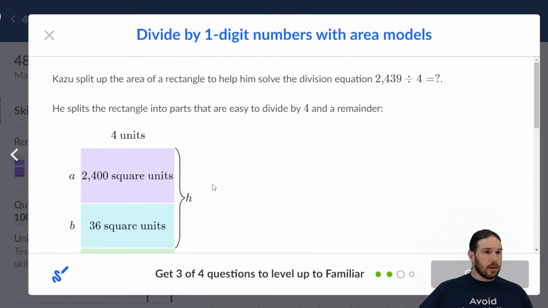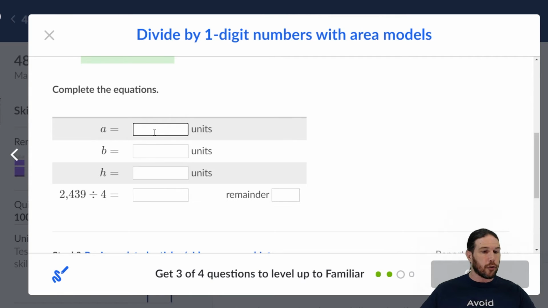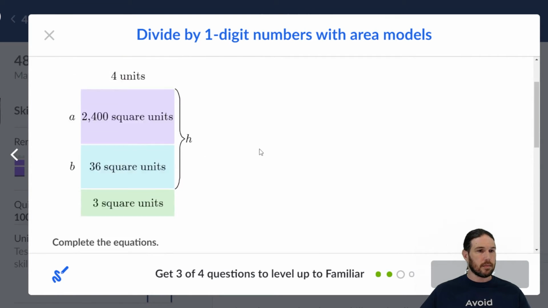A, well, 24 divided by 4 is 6, right? Either we have our times tables memorized by this point, or we can do mental arithmetic to pull that answer. Either way works for me. I know that 6 times 4 is 24, so A must be 600 units.